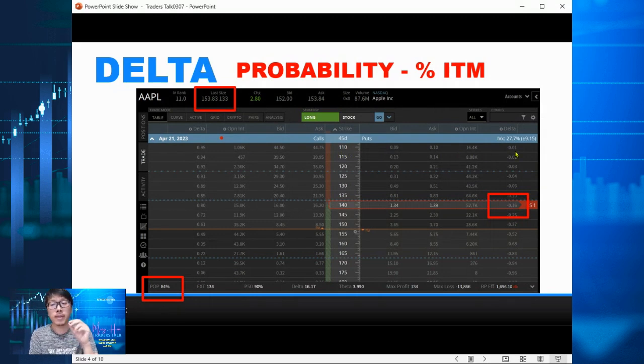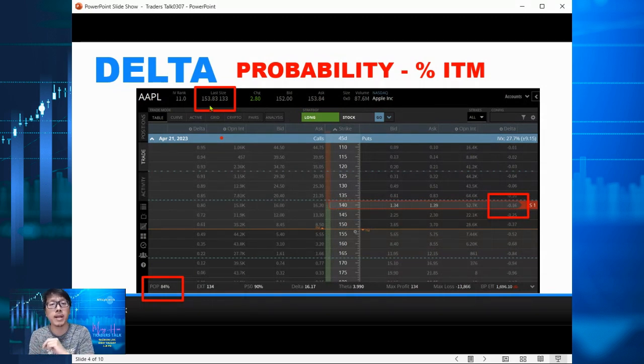And what does this delta represent? This delta represents the likelihood of that strike price going in the money within the expiry date of 45 days here. That means the percentage chance of that strike price going in the money.